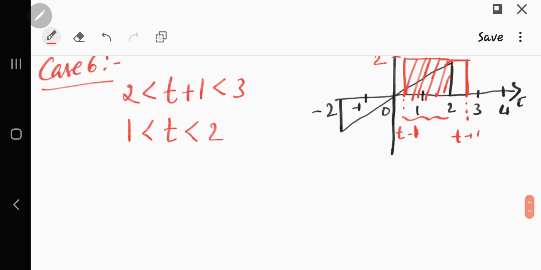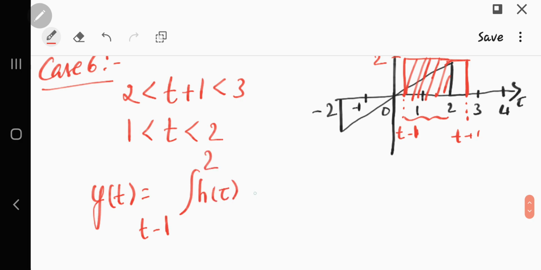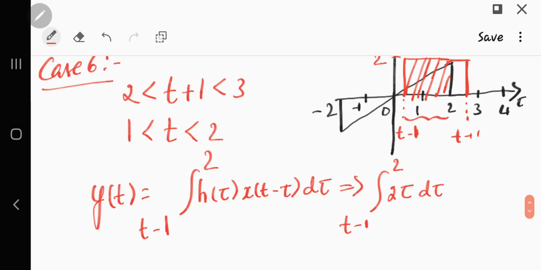Now come to this duration. What is the value of y of t? It is overlapping from t minus 1 to 2, h of tau, x of t minus tau d tau. Substitute the values, t minus 1 to 2, again you will get 2 tau d tau.